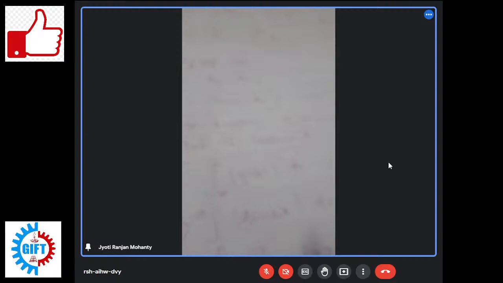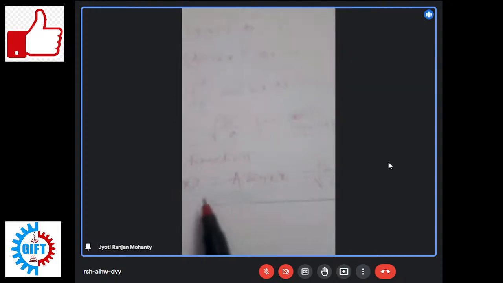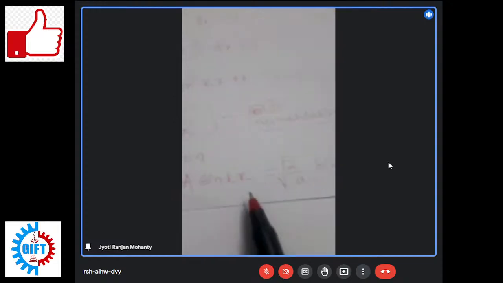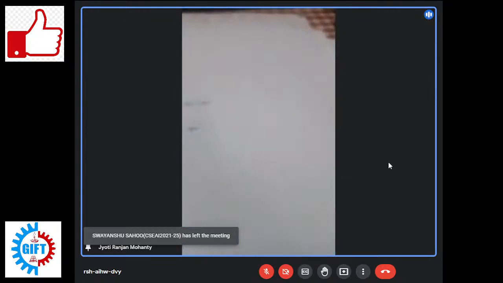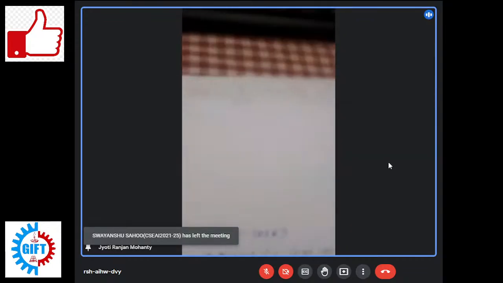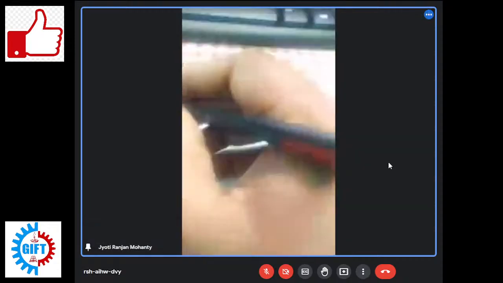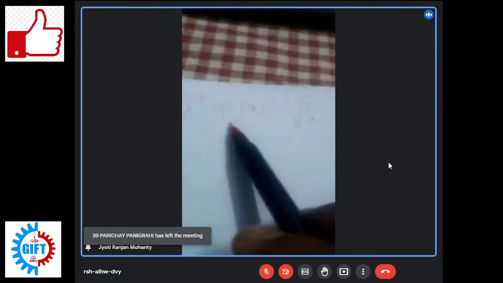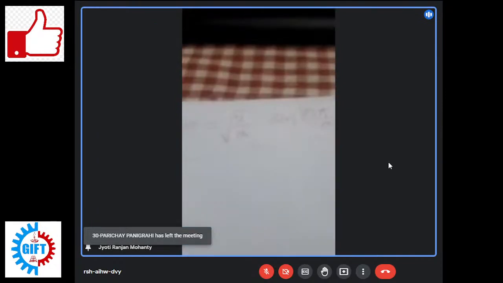As we have given the eigenfunction as psi n x, what is your eigenfunction? The eigenfunction is equal to A sin kx, which is equal to under root 2 by a sin kx. After putting the value of k is equal to n pi by a, this is your eigenfunction: psi n x is equal to under root 2 by a sin n pi by a into x.